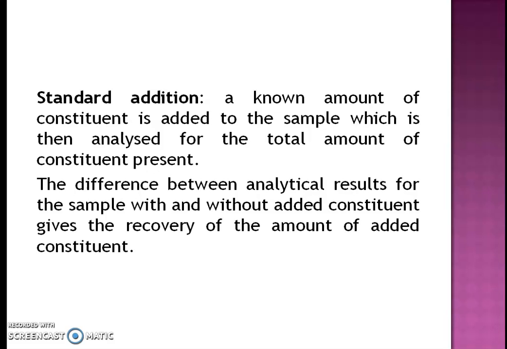And the difference between the analytical result for the sample with and without added constituent gives the recovery of the amount of added constituent. So here we can determine whether the method gives the same recovery as we have added the constituent or not.